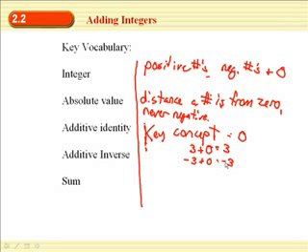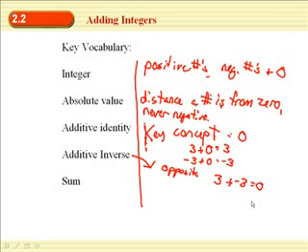And the inverse property, additive inverse, in this case, means you need to add the opposite. So if I have 3 and I say add its inverse, you add -3 to it, which would be 0. You can write those examples out of the key concept box on page 64.